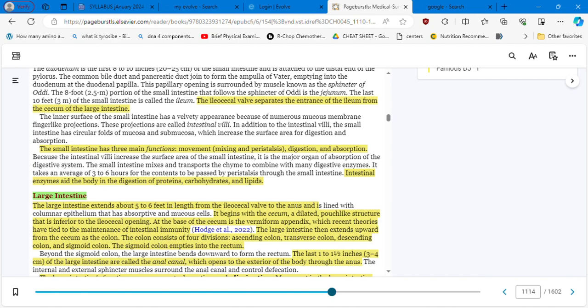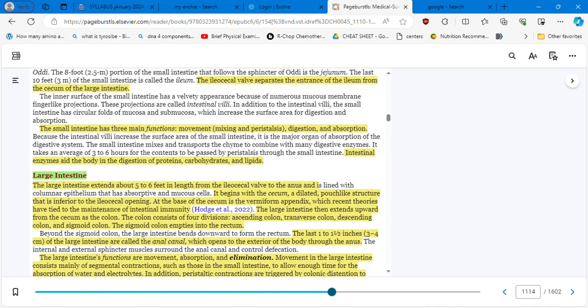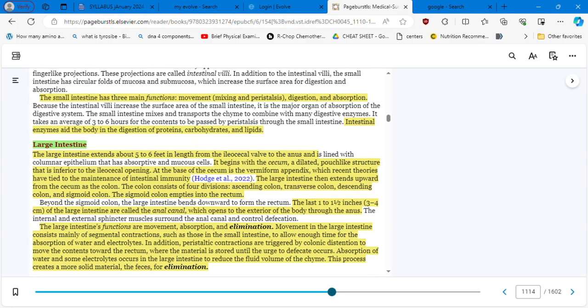Okay? Please, ileocecal valve separates the entrance of the ileum from the cecum, which is the entrance of the large intestine. The small intestine has 3 main functions: movement, mixing and peristalsis, digestion, and absorption. Intestinal enzymes aid the body in the digestion of protein, carbohydrates, and lipids.